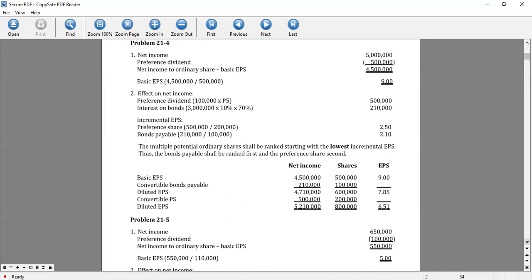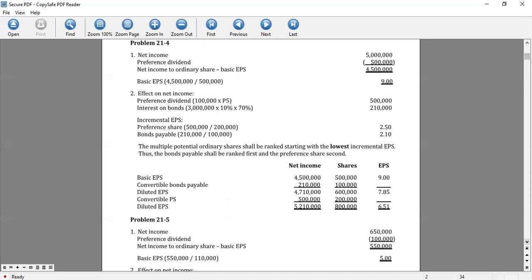If converted, it will be 100,000 ordinary shares. So for the total, we now divide 4,710,000 by 600,000. That will now give us the EPS in the event that there will be no interruptions whatsoever.